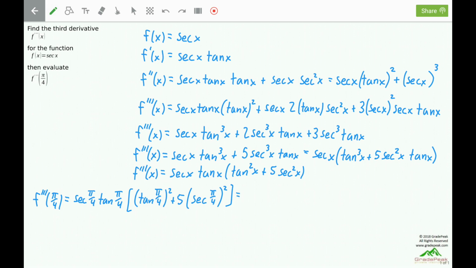Now, secant of pi over 4 is 1 over the cosine of pi over 4. The cosine of pi over 4 is root 2 over 2. And it will be 1 over that. The tangent of pi over 4 is the sine of pi over 4, root 2 over 2, over the cosine of pi over 4, also root 2 over 2. Of course, those cancel down, and the tangent of pi over 4 is going to be a 1.